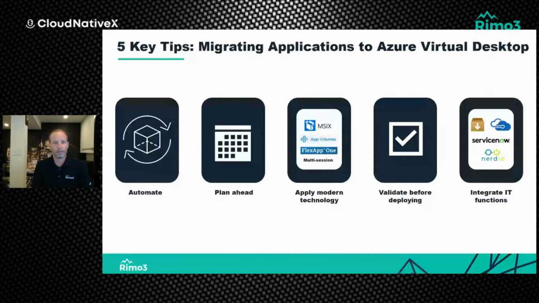So in terms of the where-to-start challenge, leverage automation to collect data insights around your current application estate, understanding what is in the portfolio, where those applications are deployed, and then of course, how they're interacting with the operating systems that you're supporting today.